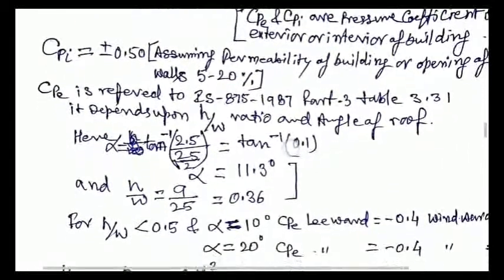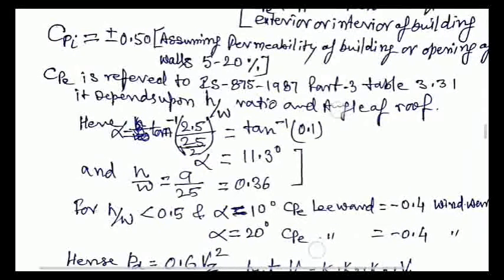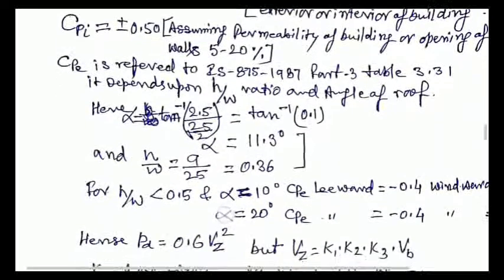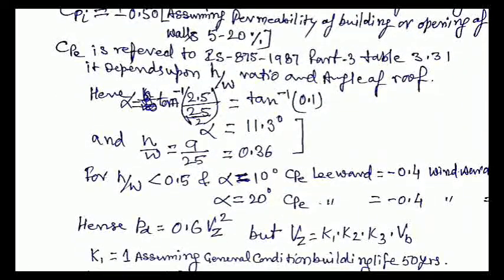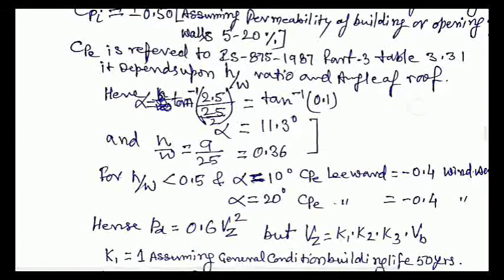Now CPE is referred to IS 875/1987 part 3rd and table 3.31. Okay, so it depends on H by W, the ratio and angle of roof. Hence alpha will be equal to tan inverse 2.5 divided by 25/2.